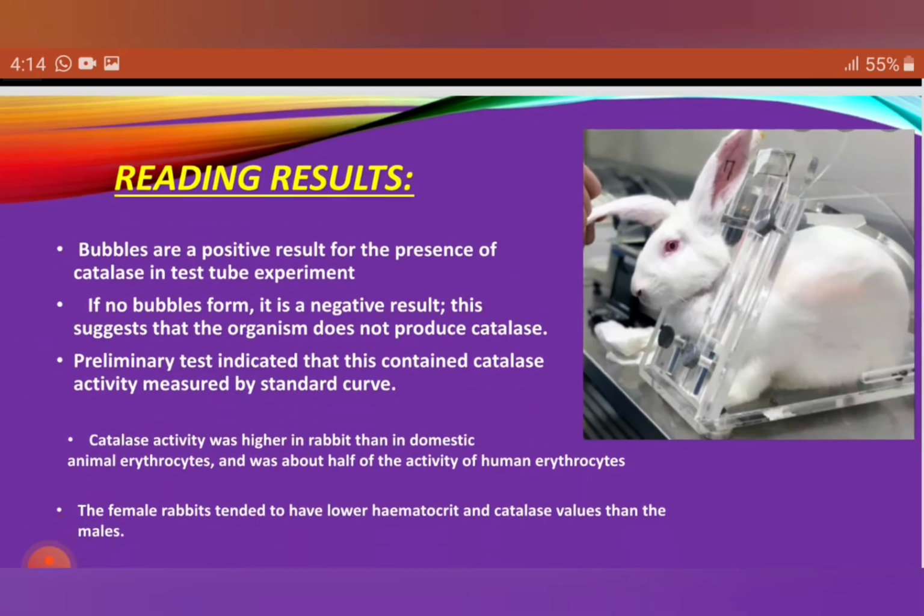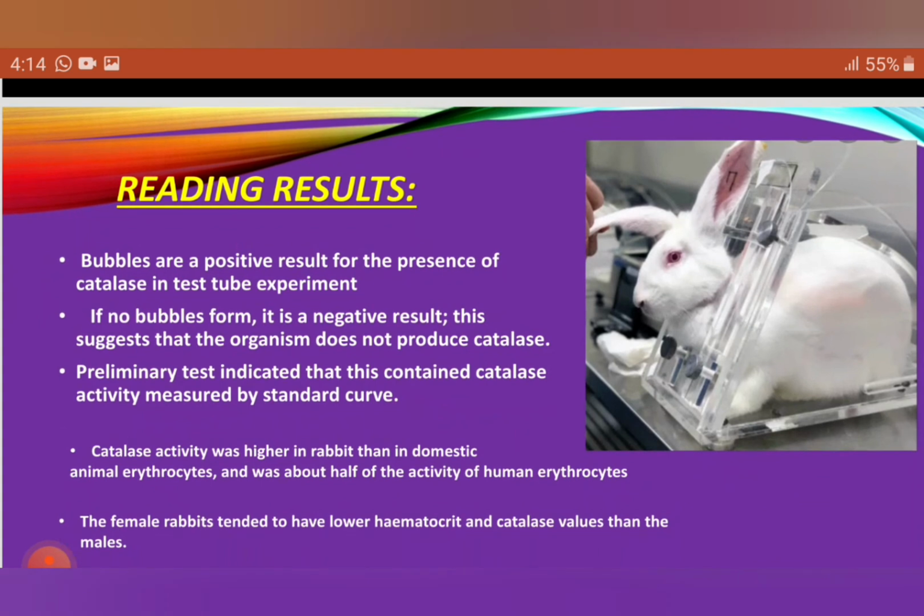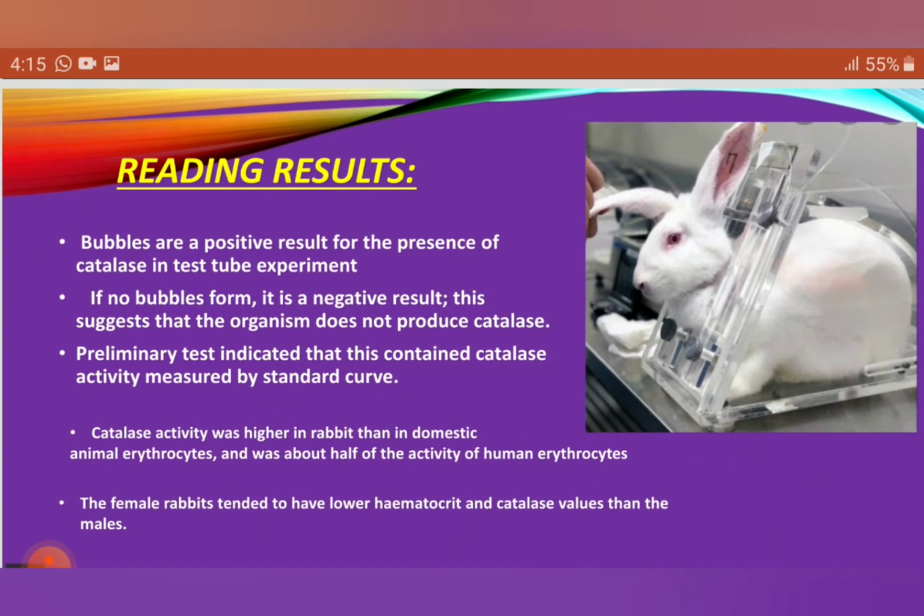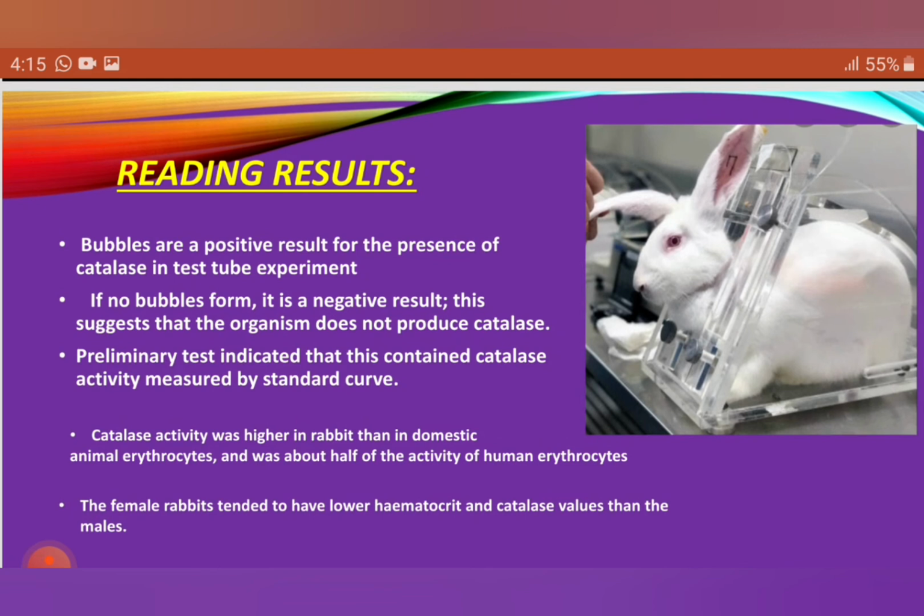A high amount of hydrogen peroxide is used in the control and its value is greater than the test reading, that is 0.3 and the test reading is 0.2. So the above experiment indicated that this contained catalase activity measured by standard curve.